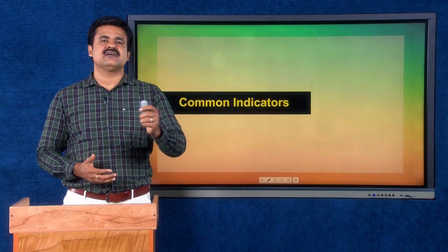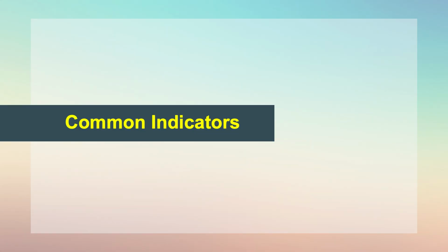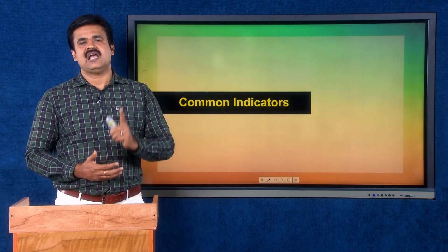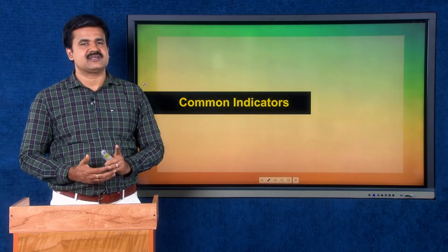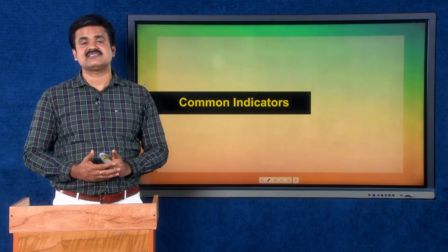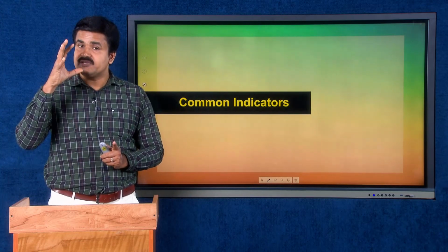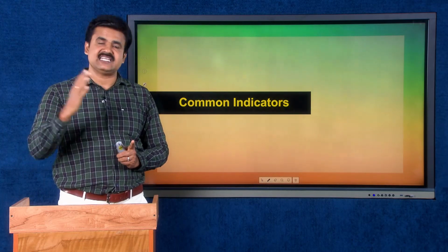Now, we are looking at the common indicators that we use in acidimetry and alkalimetry, or indicators used in acid-base titrations. We have to give emphasis to acid-base indicators.